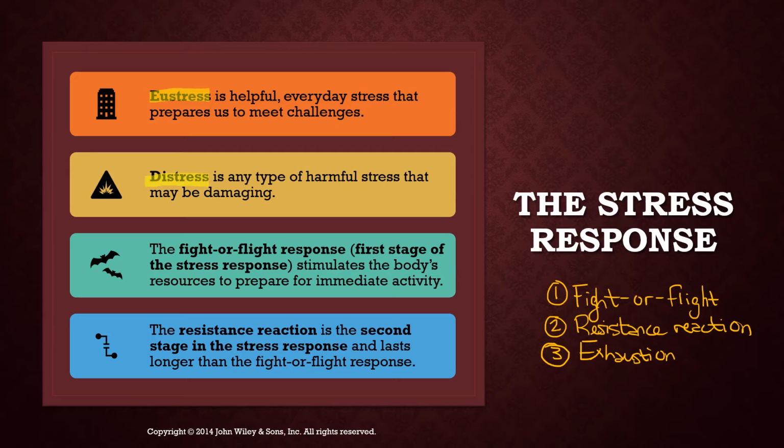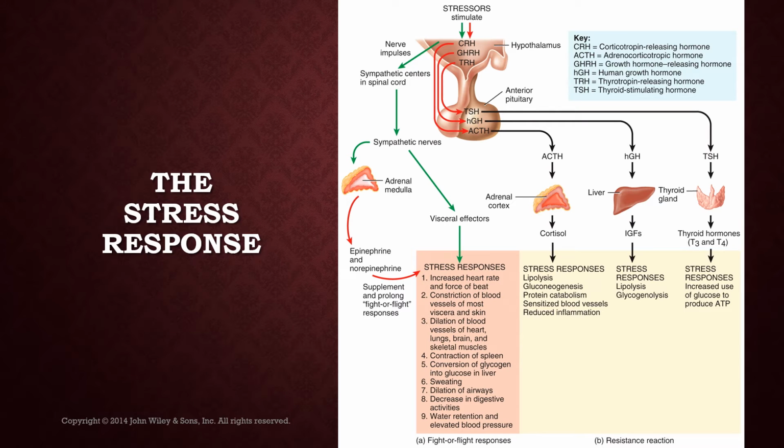Now the fight or flight response stimulates the body for immediate activity. And then the resistance reaction is the second stage, and it lasts a lot longer than the first response. The stress response brings huge amounts of glucose and oxygen to organs that are going to be most active in warding off danger.